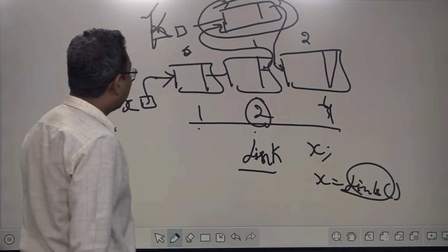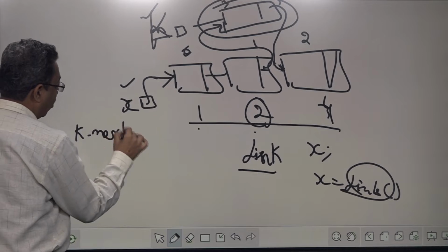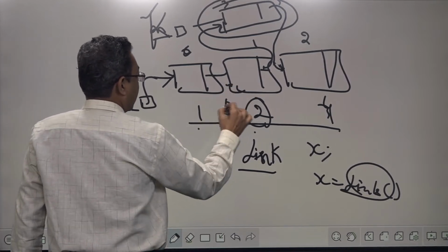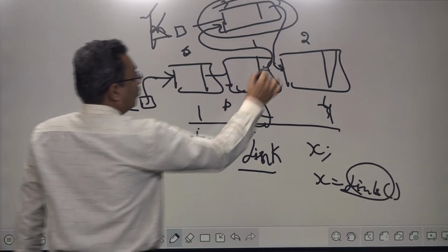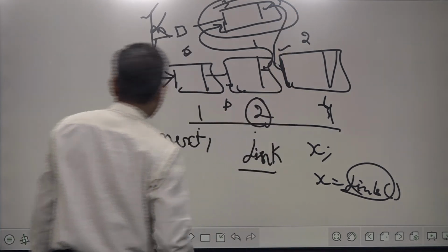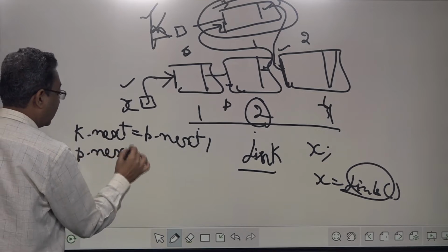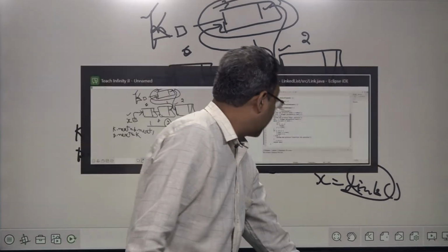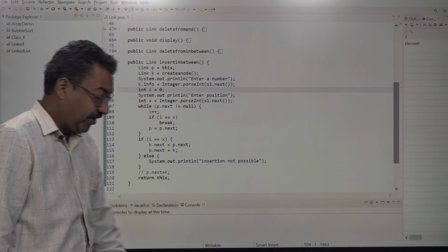And what is it doing? K dot next equal to, this one is P, P dot next. So what is it doing? It is initializing this with the reference of this, and then P dot next equal to K. Just see, P dot next equal to K. And what is it doing?